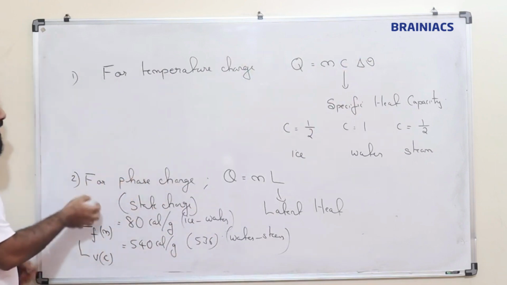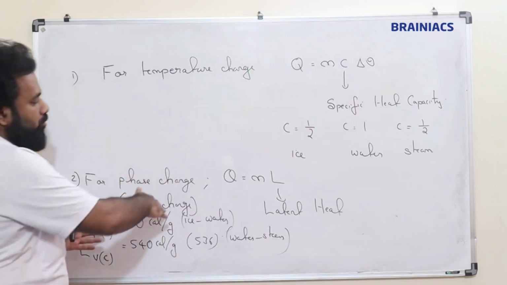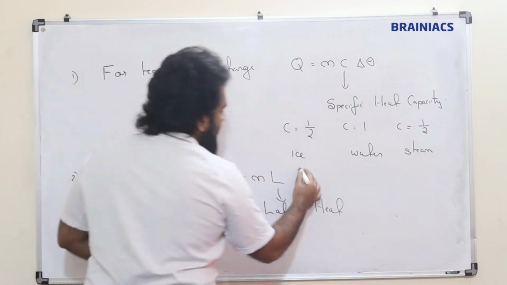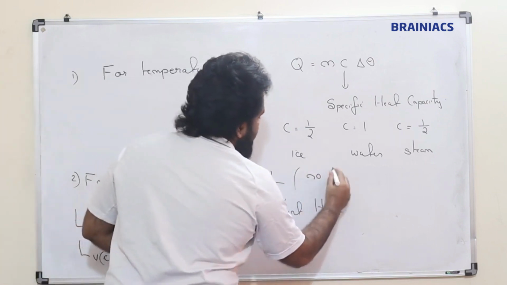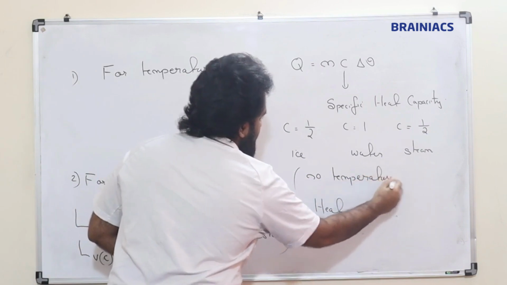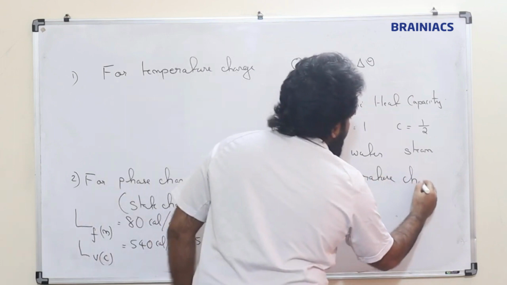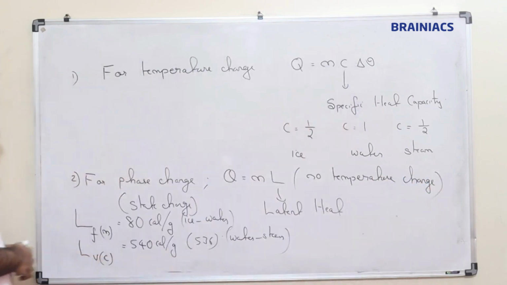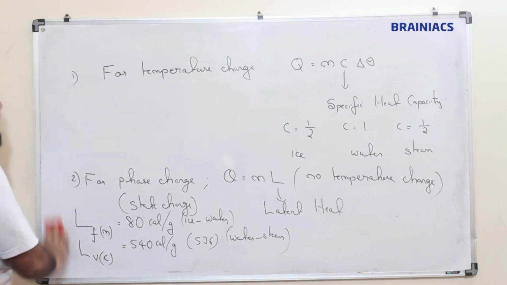When there is phase change, entire heat will be utilized to change the phase. So the important thing is no temperature change. Clear? Note it down. Shall I raise? Pause the screen and note it down.